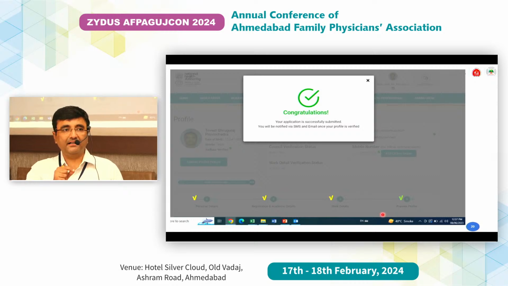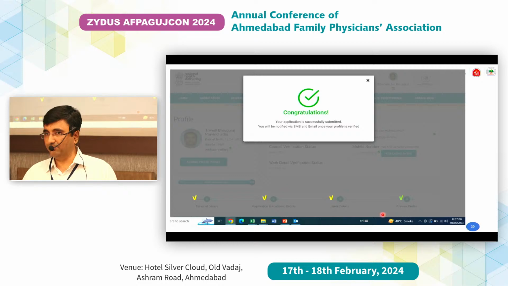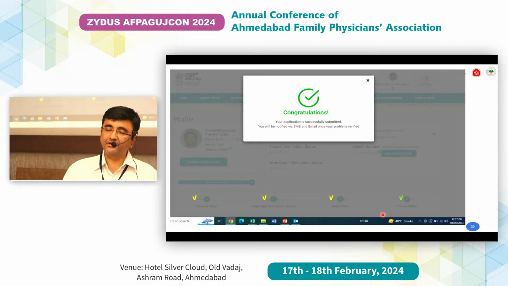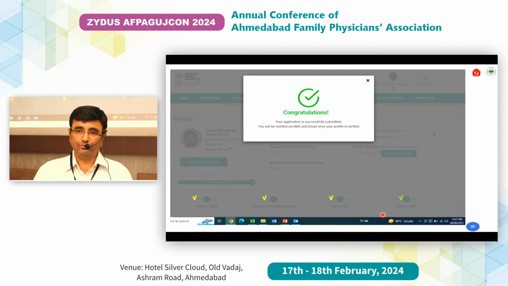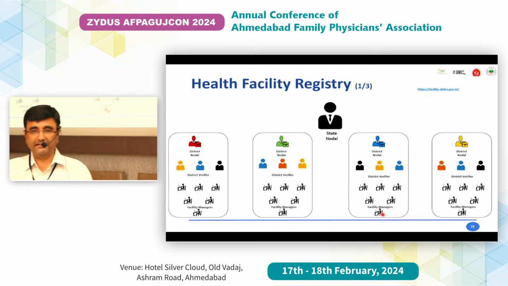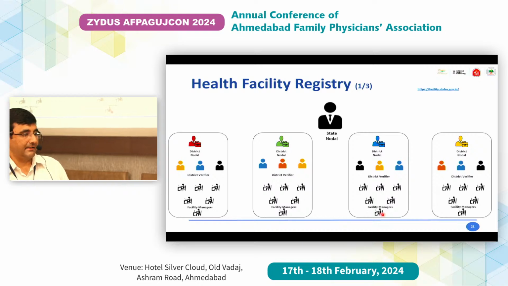We can uncheck these details and they will not be published. That facility is also available. Once the application is submitted, a notification is sent to the registered mobile number, and the application is sent to the concerned medical council or to the government authority.